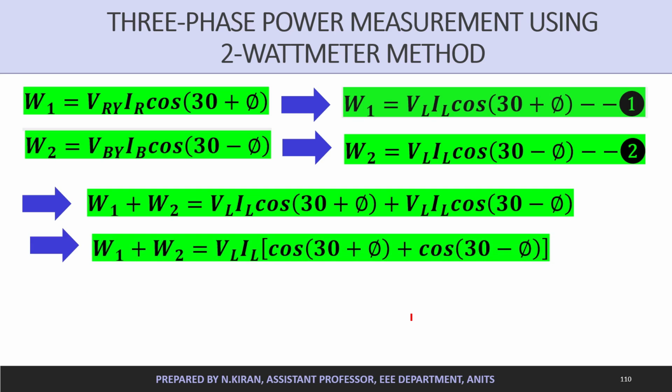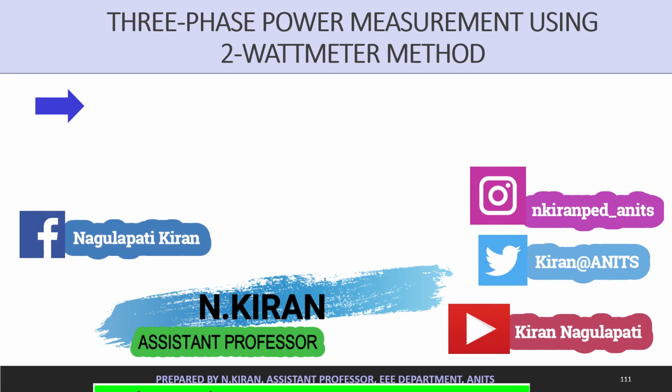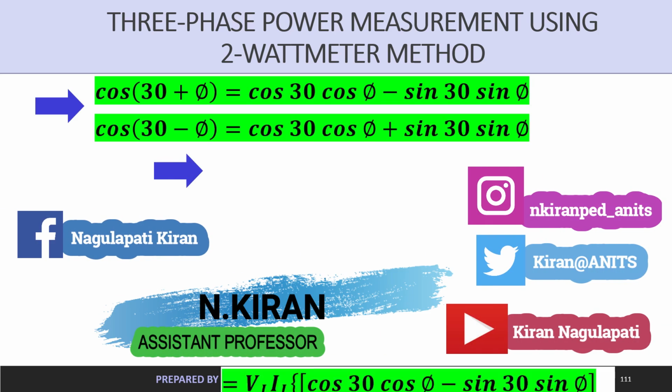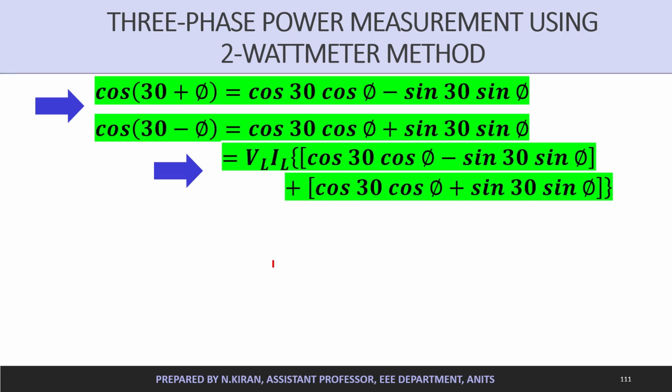If I take VLIL as common, it is in the form of cos of A plus B and cos of A minus B. Applying this formula to the above expression, I get VLIL into cos 30 cos phi minus sin 30 sin phi plus cos 30 cos phi plus sin 30 sin phi.